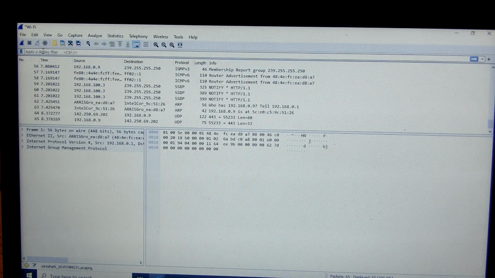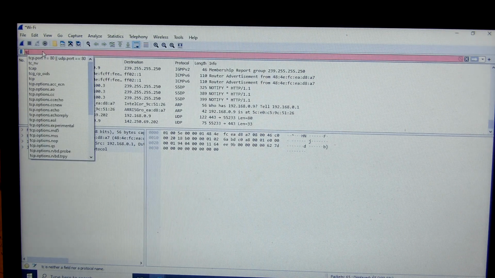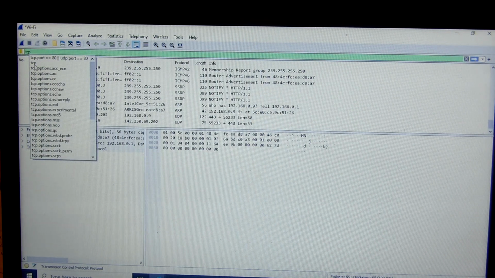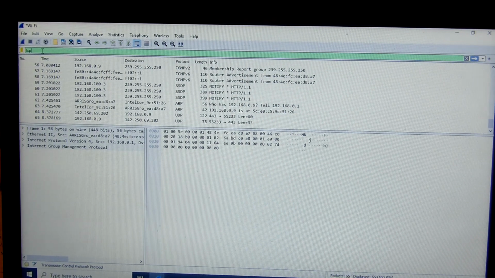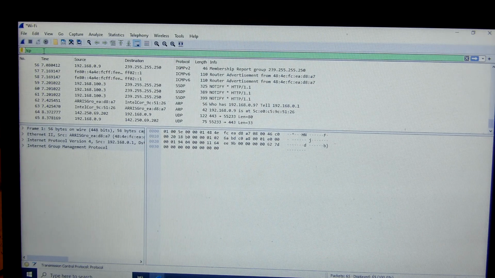So if you say, for example, you want TCP, they catch that traffic. What Wireshark does is display the content of the message being sent or received, by protocol at the different levels.